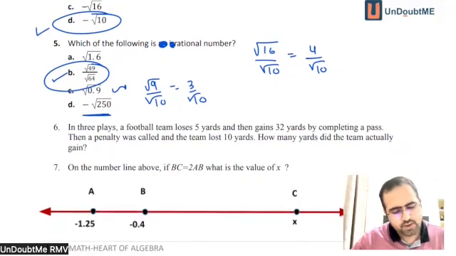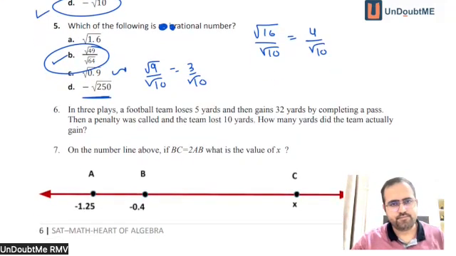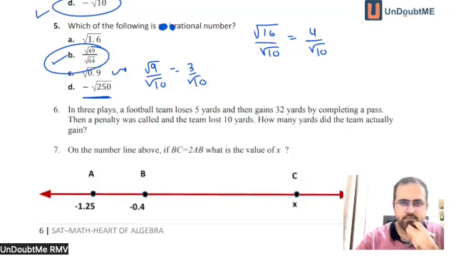Okay, question 6. In three plays, a football team loses 5 yards and then gains 32 yards by completing a pass.